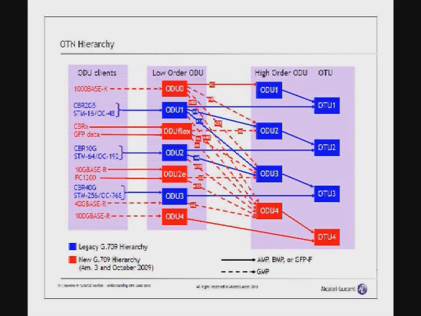ODU1, if you are the low order, then you go straight into an OTU1, but you can also be multiplexed up into an ODU3 or an ODU4, ODU2 through ODU4, and then put out onto the appropriate line system, and so on.